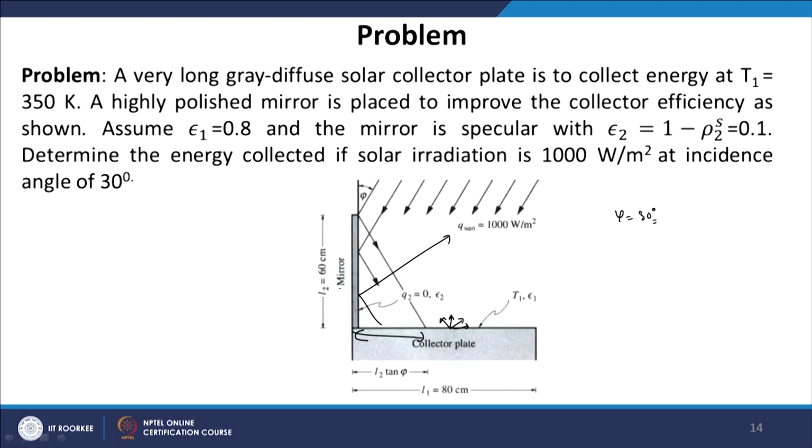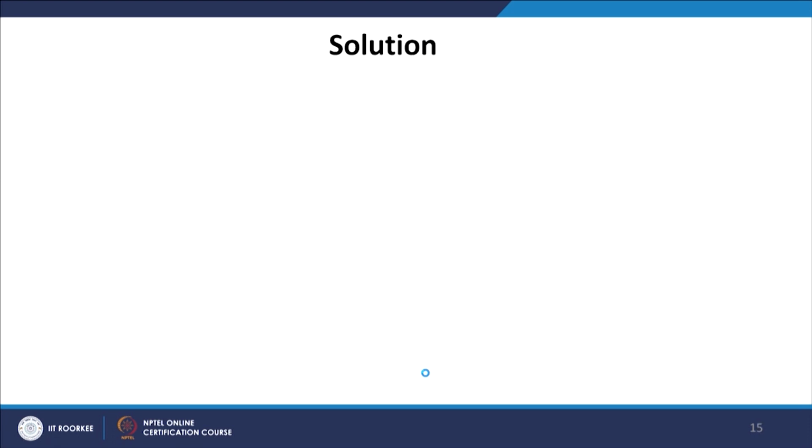As you can see from this image, radiation hitting here will hit here, and radiation leaving here, hitting here on the mirror will reach here. Okay. So, this part of the plate will not receive any radiation after reflection, only the first length L2 tan psi will receive the reflected radiation. So, we have to take an average over this value.